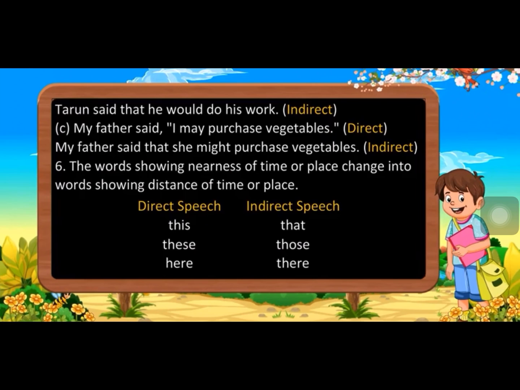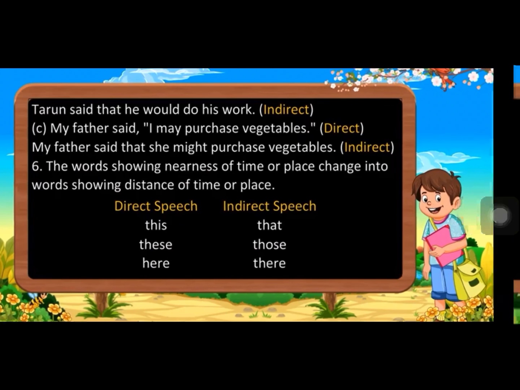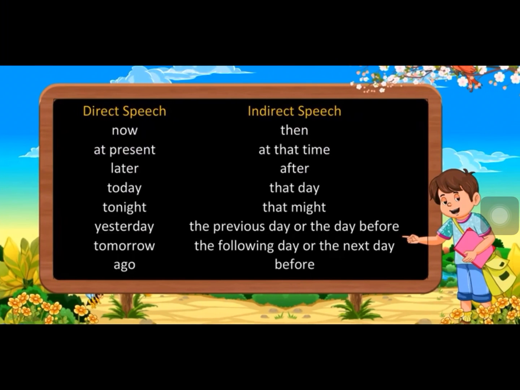Go through each and every example, children, then you will get an idea. The words showing nearness of time or place change into words showing distance of time or place. Here we are going to learn about the words related to time or place. How should we change from direct speech to indirect speech? This, that; these, those; here, there.